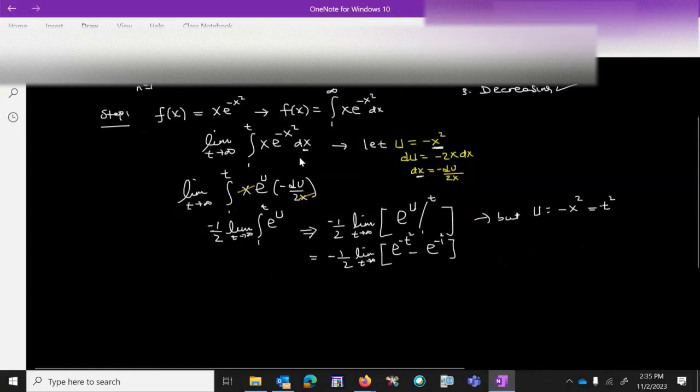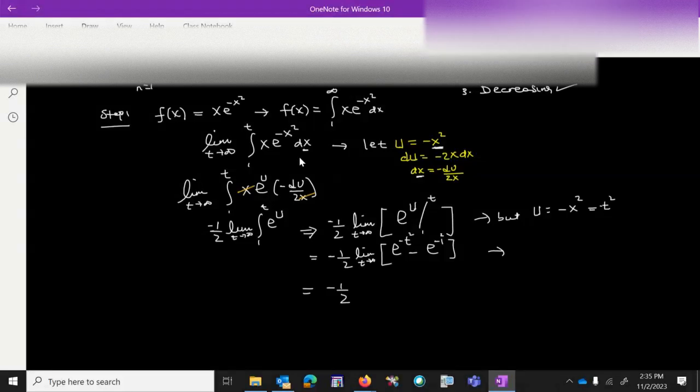The next step is now this. This is equal to negative 1 over 2. Let's substitute our limit now. If I plug in infinity for t, that's going to be e to the power of minus infinity, which means 1 over e to the power of infinity, which is almost 0, because it's 1 over a huge number.